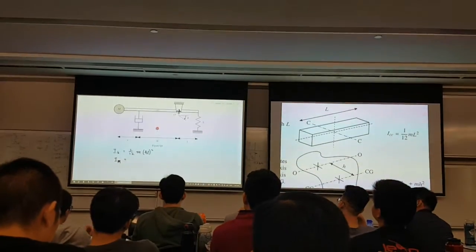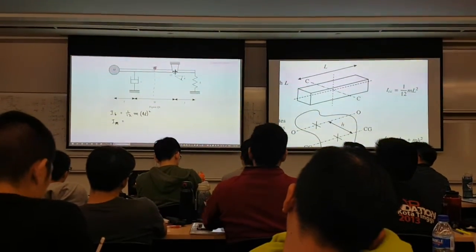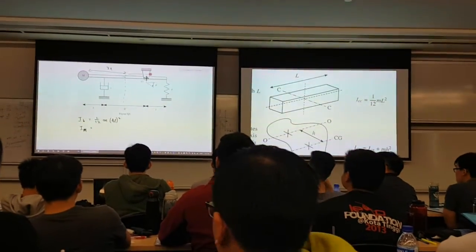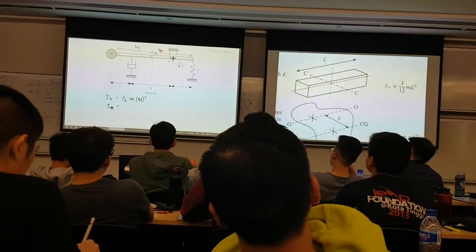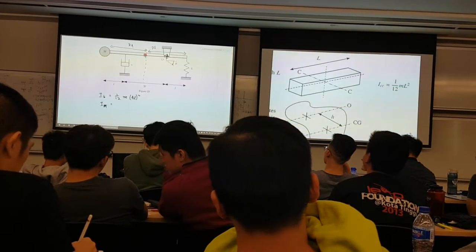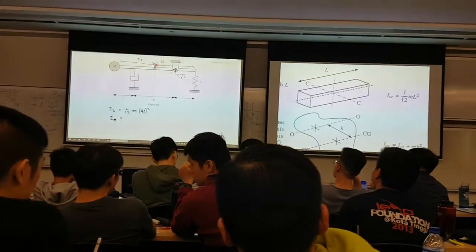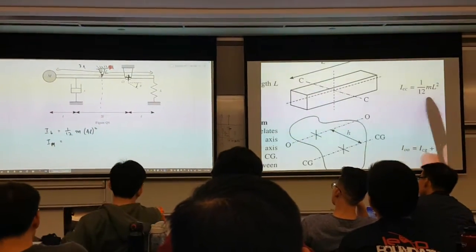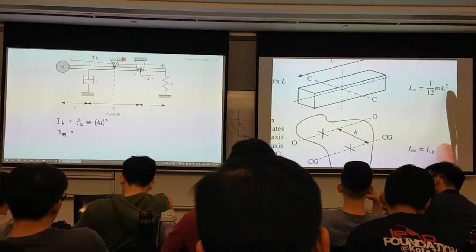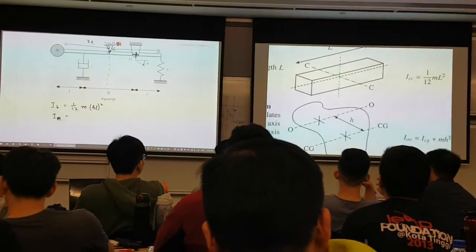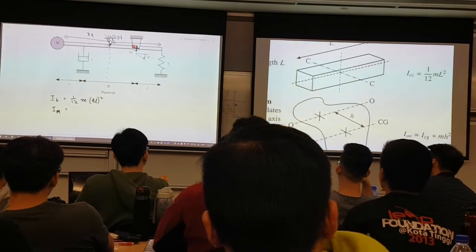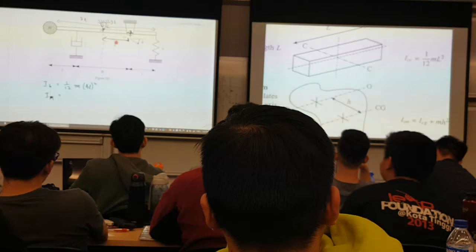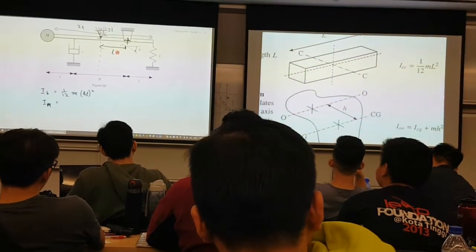The centroid of it is over here. So this then would be 2L, and that one here will be 2L. So if it's pivoted over here, then we can use this 1/12 ml squared. But since it's not, we have to see how far away it is from the centroid. So in this case, the pivot is actually L distance away from the centroid.